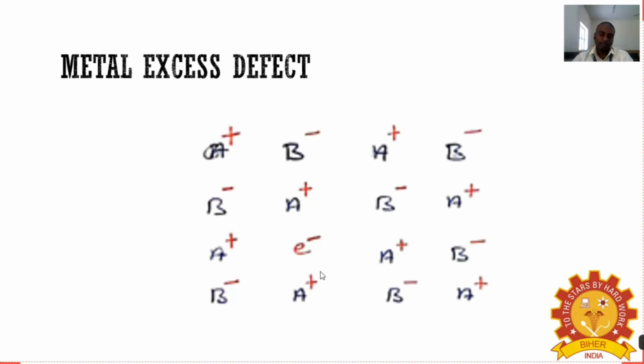That B minus deficiency is nullified by one electron. This type of crystal defect is called metal excess defect, because when we count, A plus is in excess of B minus. That's why this is called metal excess defect.